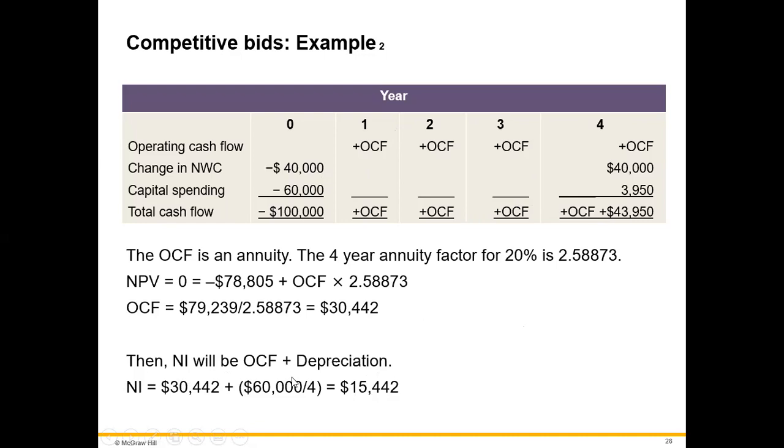So 60,000 divided by 4, they told us to use straight line, would give us 15,000 of depreciation each year. That should be minus. So 30,442 minus 15,000 will give us net income of 15,442.